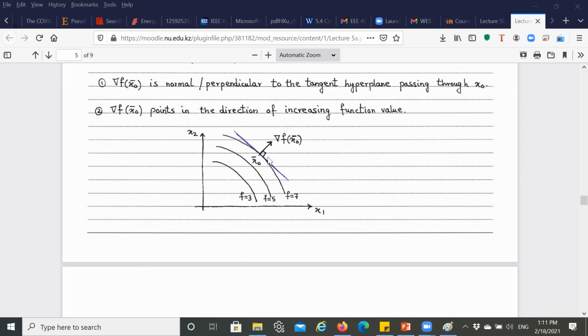Do you understand that? At any point, if you take the gradient at that point, it would always point in the direction in which the function is increasing. I've written it over here: the gradient at a point points in the direction of the increasing function value, and it is always perpendicular to the tangent passing through that point.